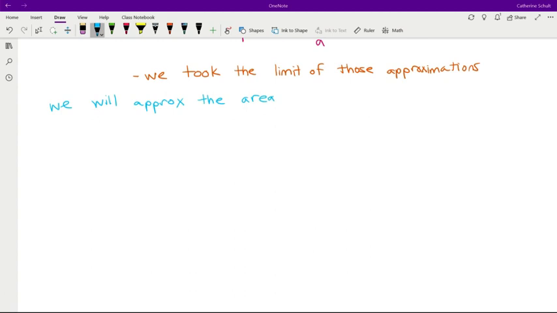So we will approximate the area under a curve using areas of rectangles. And then we'll take that limit again.